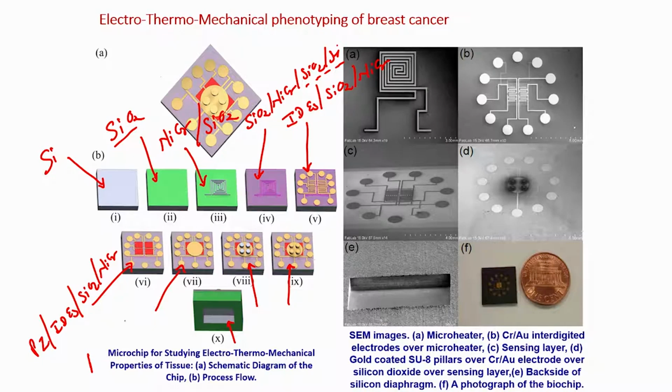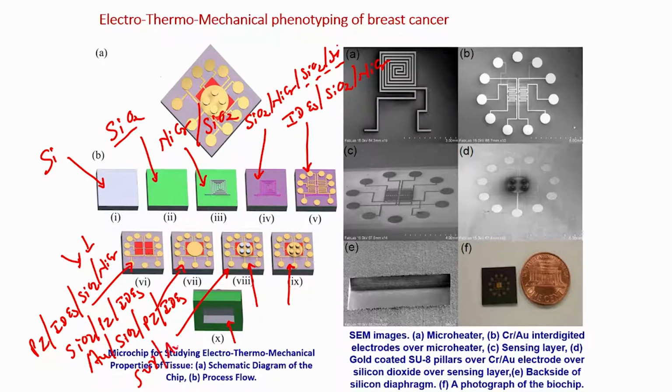Then you have an insulator, SiO2 on piezoresistor on IDEs. I will stop writing this particular thing. Now, you have gold on SiO2 on piezoresistor on IDEs. Then you have SU8 on gold pads, SU8 which is conducting on gold pad, and finally you have a diaphragm, by etching the backside of the silicon wafer.